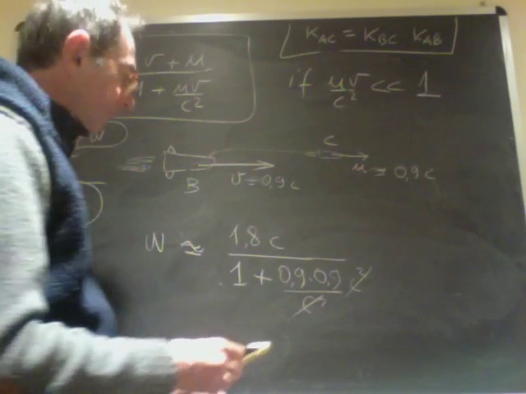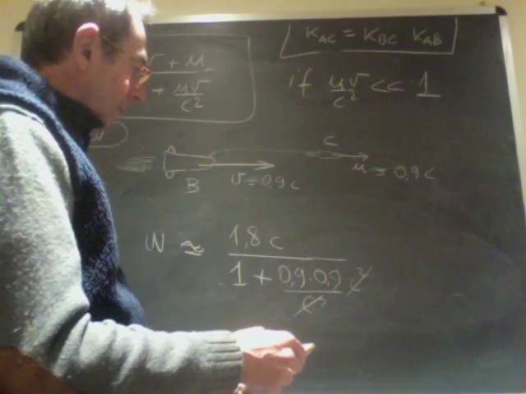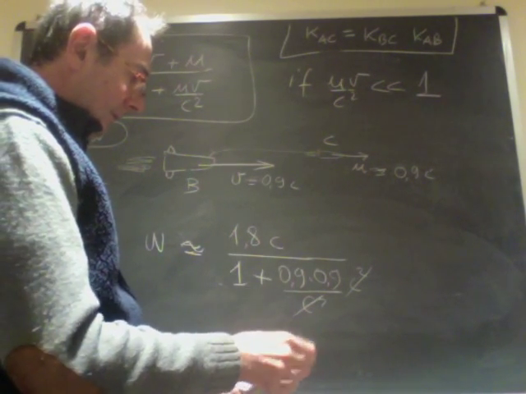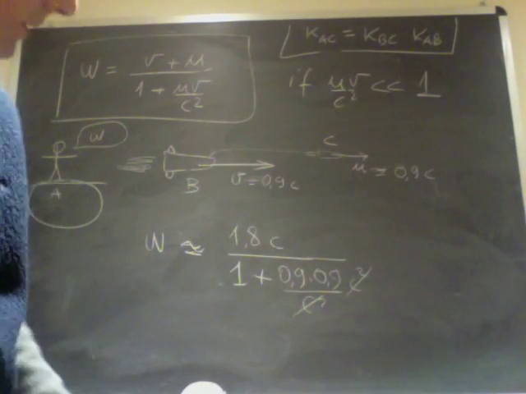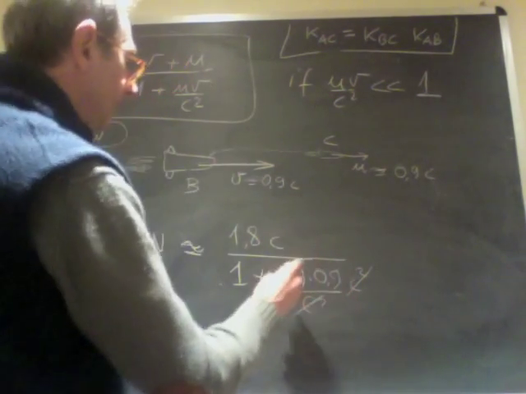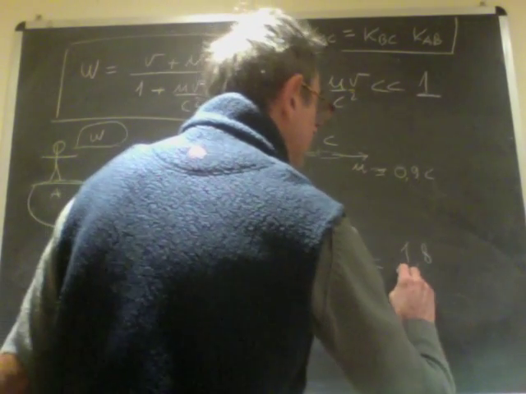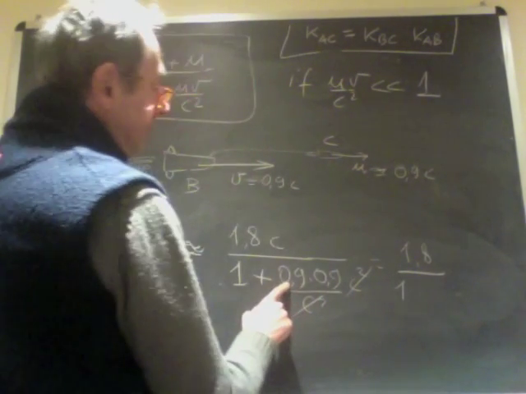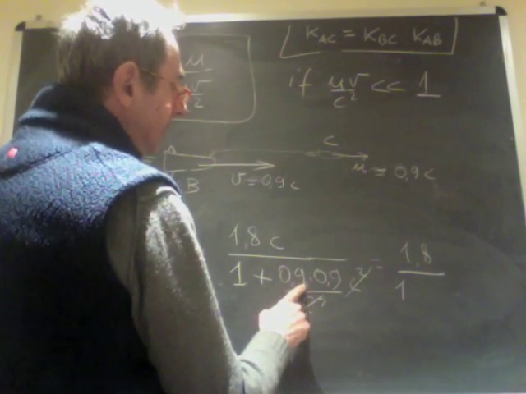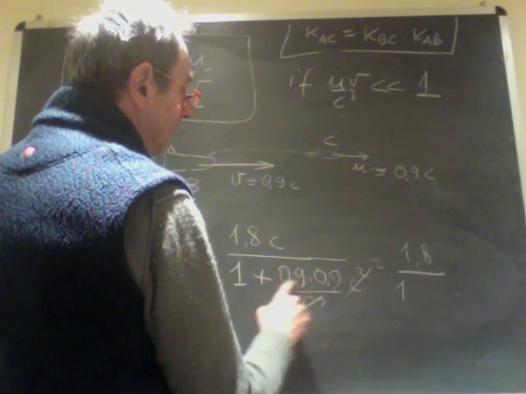Let's do it quickly. Silly me, I can do it without calculating. This is 1.8 divided by 1 plus 0.81, because 9 times 9 is 81.